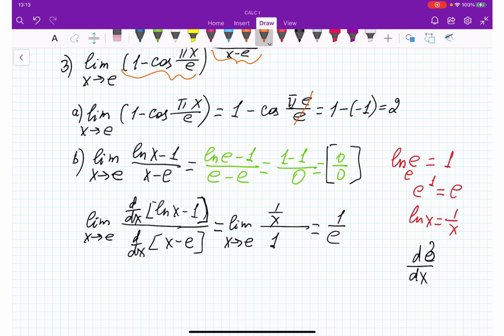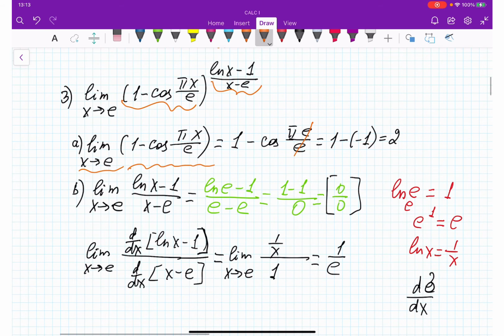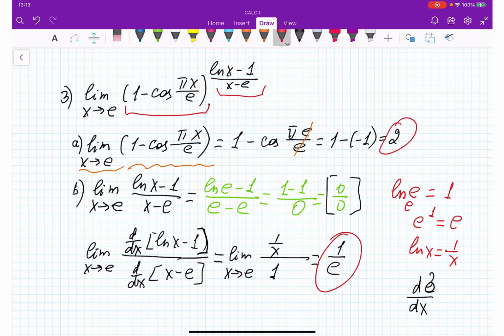So in a we solved the limit of the base, and we got 2. And in b we took the limit of the exponent, and we got 1 over e.